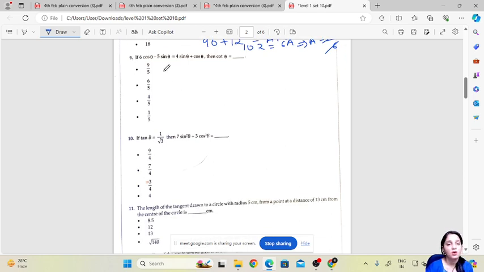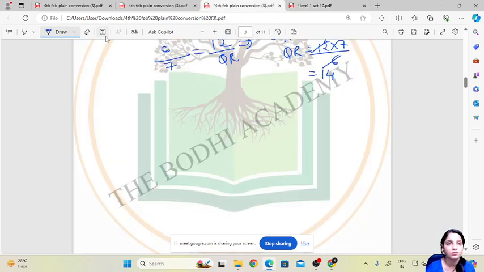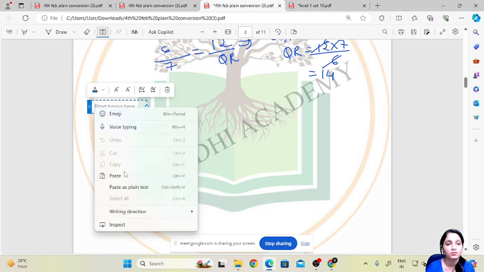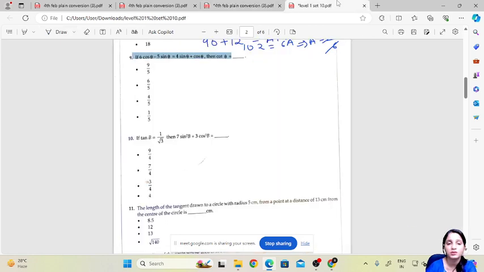Then 6 cos theta, let's see here. 6 cot theta into sine, okay, here it is not printed properly, so I'll just solve it here only. 6 cos theta minus 5 sin theta equal to 4 sin theta plus cos theta. Now what I'll do, I'll bring cos theta on one side and sin theta on the other side.